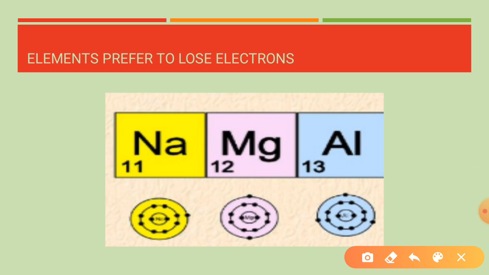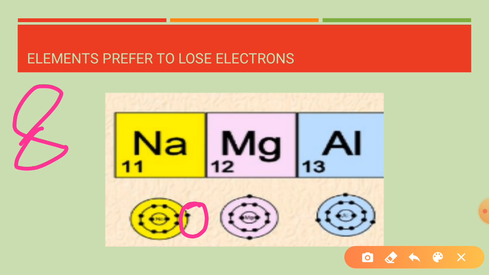We only talk about the outermost, the valence electrons. We have no concern with the inner ones. So it has only 1 electron, and it must have 8 electrons to get stability.